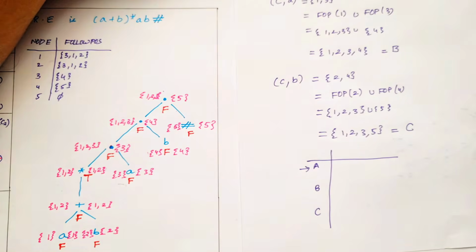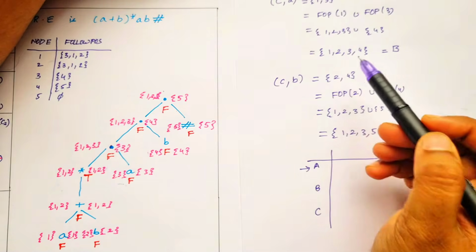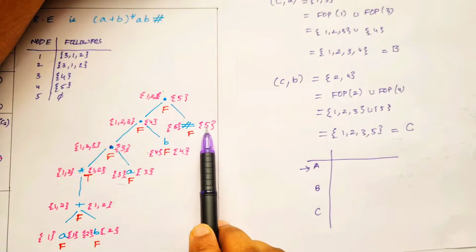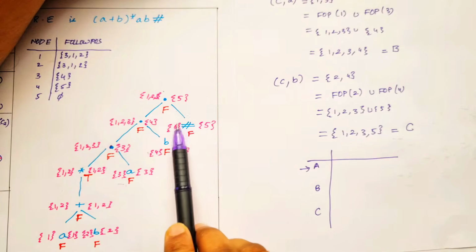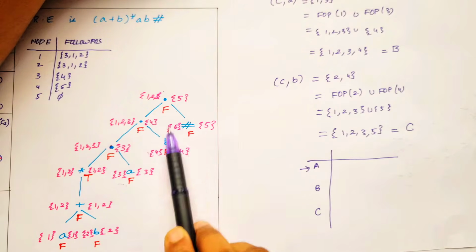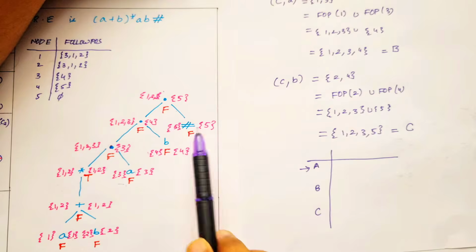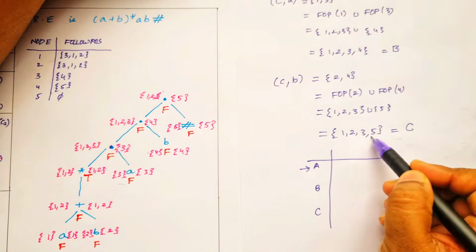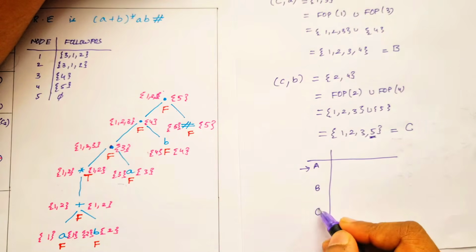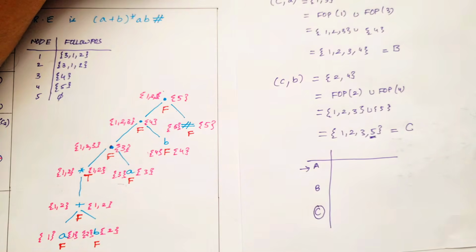A. And how to write the final state? The final state is the state in which you have the 5 position. 5 position means hash, the end marker position is 5. The 5 is present in C state. That's why I am taking C as the final state.